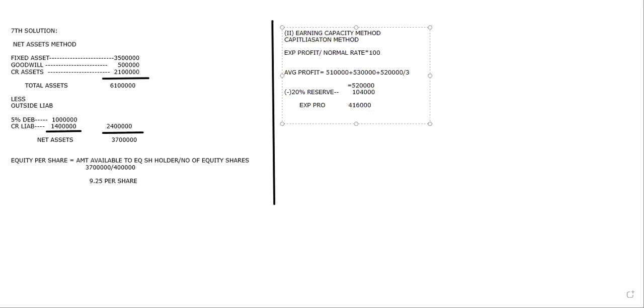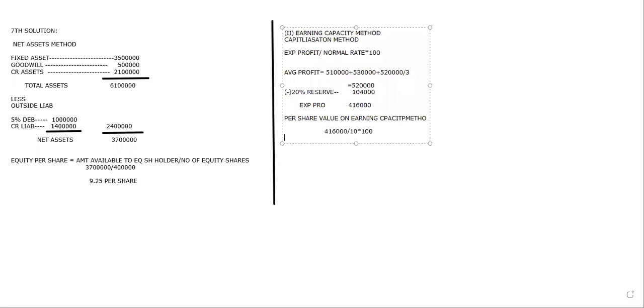Now simply apply it into the formula. Therefore, per share value on earning capacity method is equal to 4,16,000 divided by normal rate, he said 10, into 100.